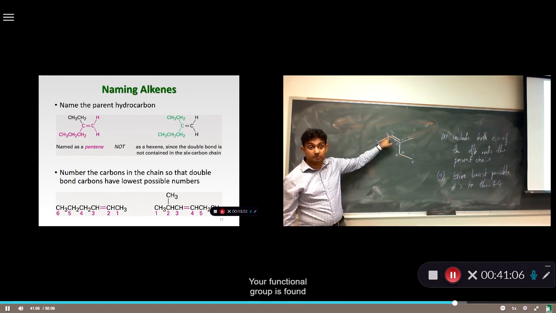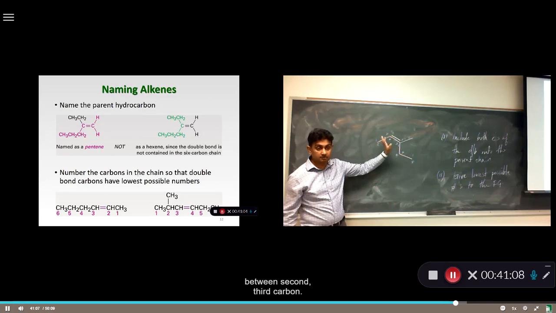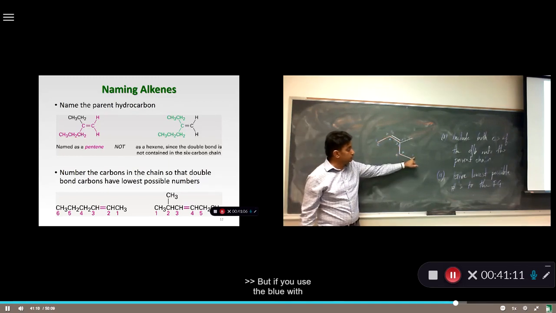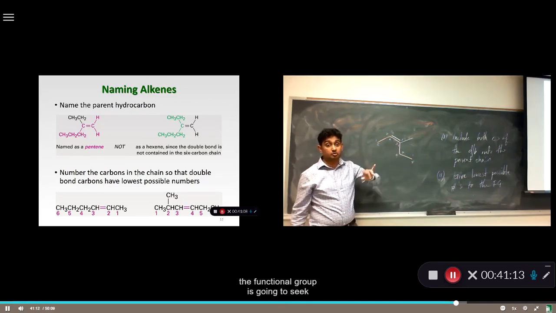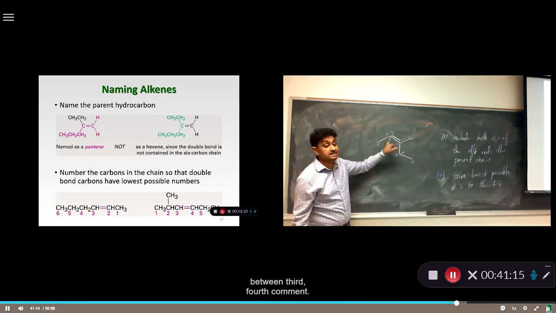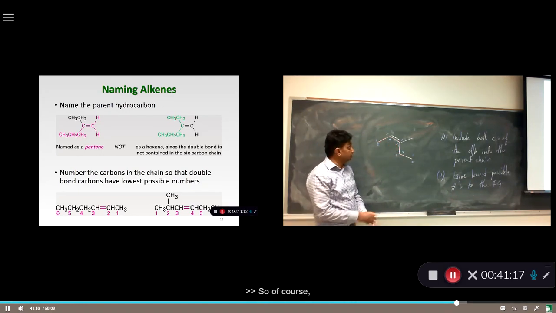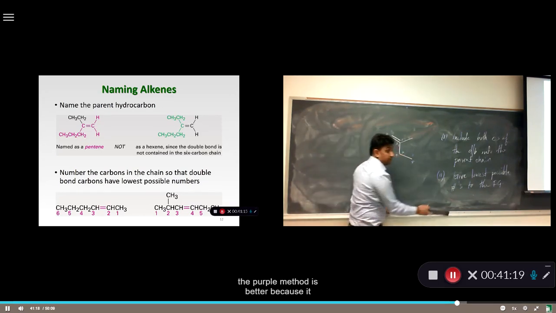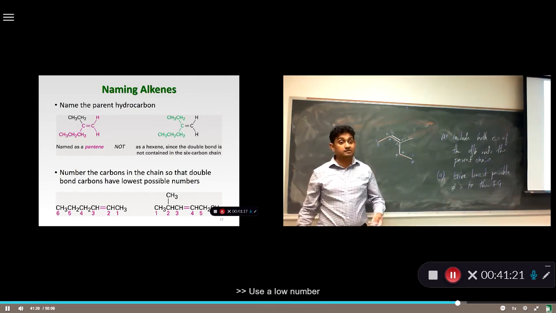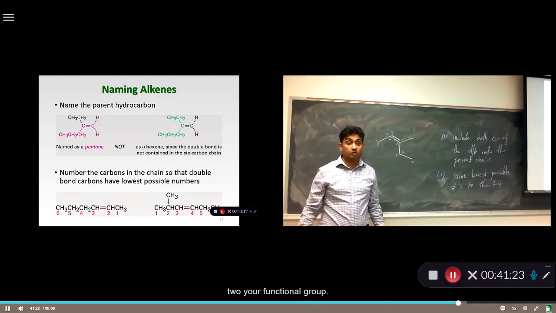Your functional group is found between second and third carbon. Okay, but if you use the blue method, your functional group is going to sit between third and fourth carbon. So of course the purple method is better because it gives a lower number to your functional group.